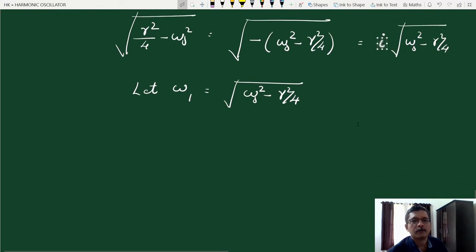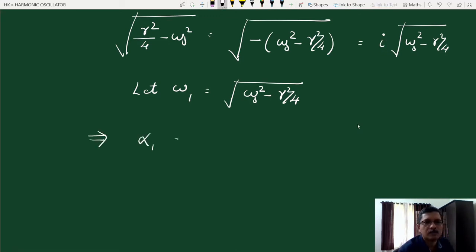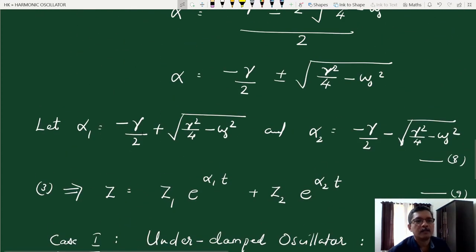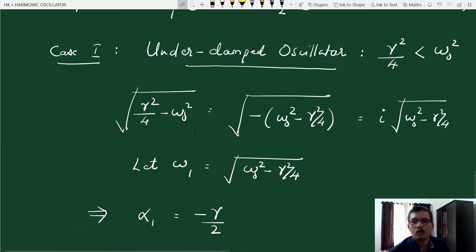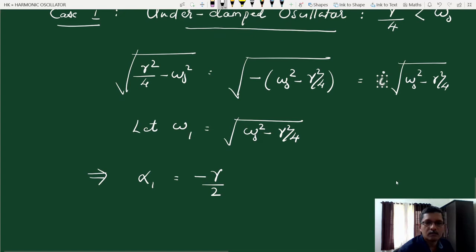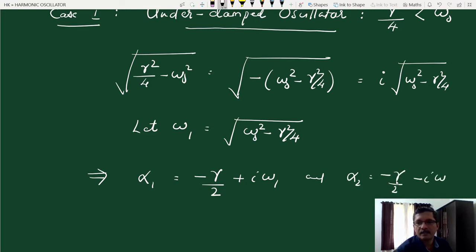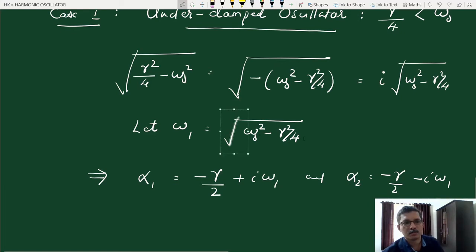So alpha 1 is equal to minus gamma by 2 plus the square root, and that square root now becomes i times omega 1. So alpha 1 is minus gamma by 2 plus i times omega 1, and alpha 2 is minus gamma by 2 minus i times omega 1, where omega 1 is square root of omega 0 square minus gamma square by 4.